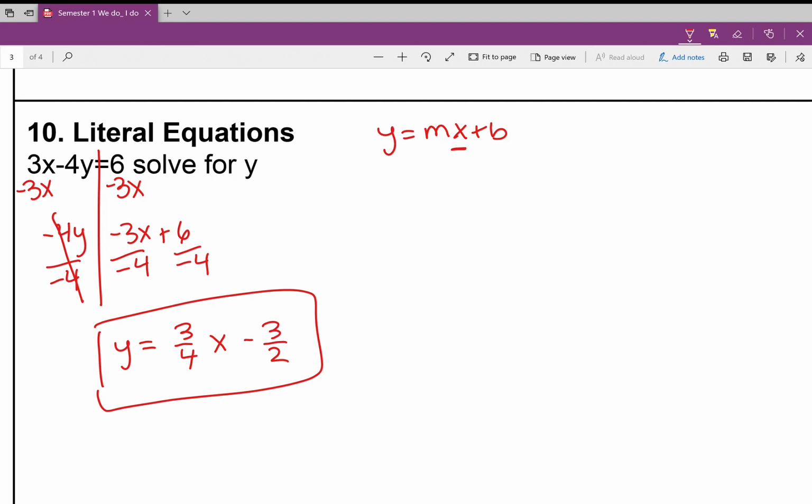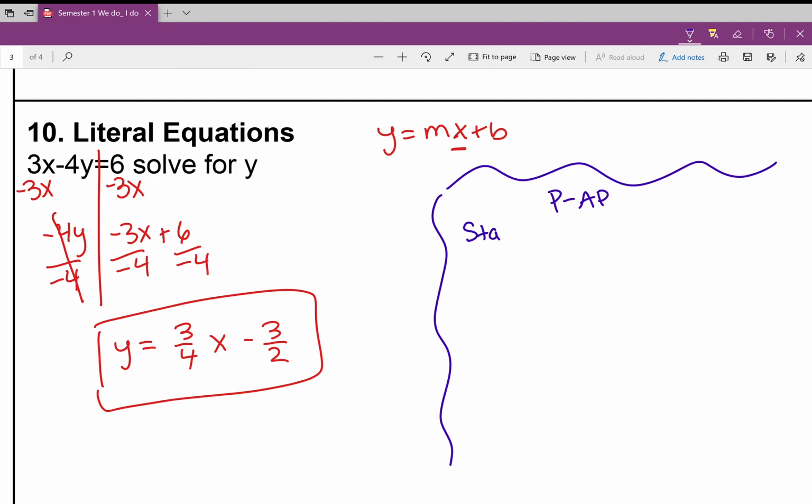For pre-AP, so off to the side, if you're in my pre-AP class, let's look at this and see how we could turn that into standard form. So remember, standard form, ax plus by equals c. So x and y need to be on the same side.